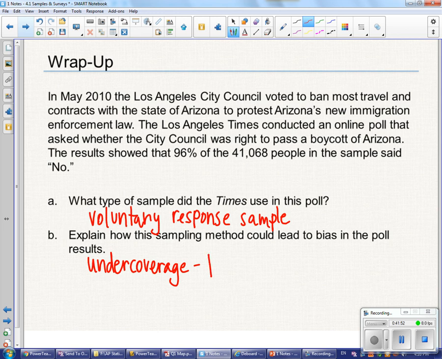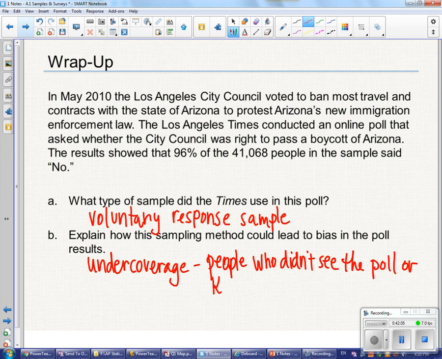So it's people who didn't see the poll, or know how to respond. So people without internet access, for example, might not be able to respond to this poll.